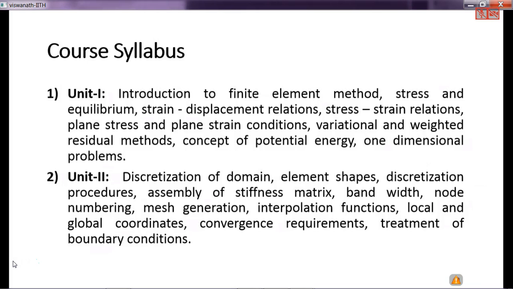So when you write this weighted residual method, you'll end up with a different form of equilibrium equation. And that equilibrium equation is also called the weak form. So the difference between a strong form and a weak form is that strong form requires full down payment to get the car. Weak form doesn't require full down payment for getting a car.